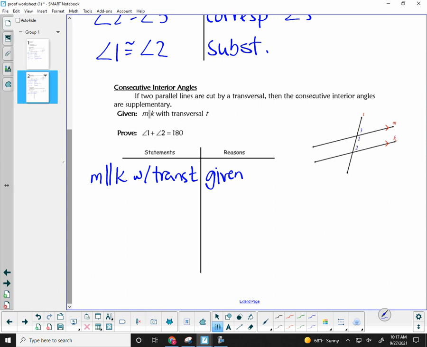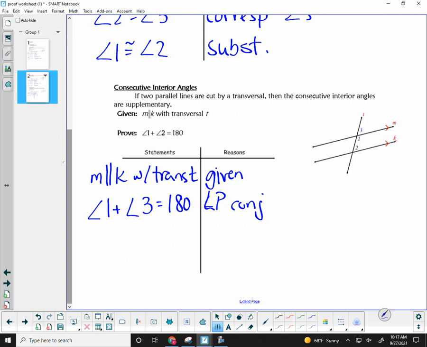Do we have any linear pairs? Yeah, we do. What ones do we have here? 1 and 3. So angle 1 plus angle 3 equals 180 degrees. That's our linear pair conjecture.